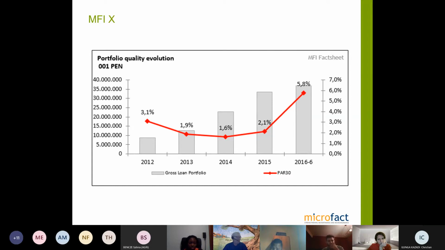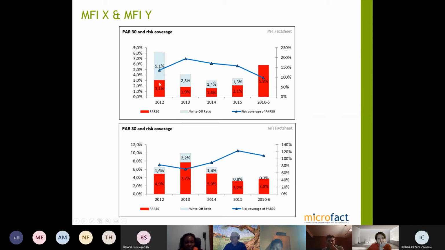But when we now add the information on the write-off, we saw that it was not that smooth line for years. Actually, in 2012, before writing off, the portfolio at risk 30 days was not 3.1, but 8.2. So imagine that there was no write-off. The line would have been something like this, a U shape.